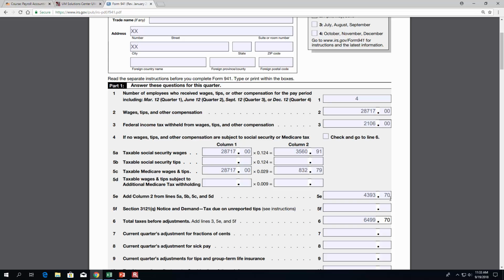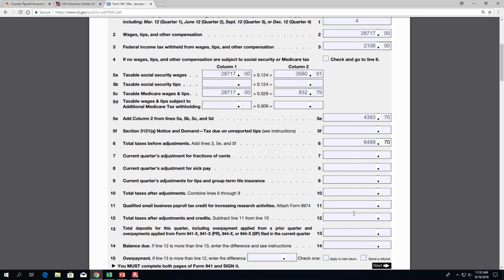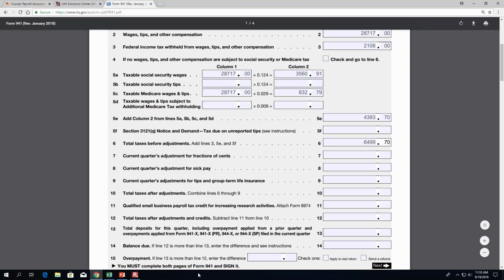So the next question we've got now is with these adjustments. So there's two different ways, in my opinion, to do these. Let's go back and see what the deposits were.